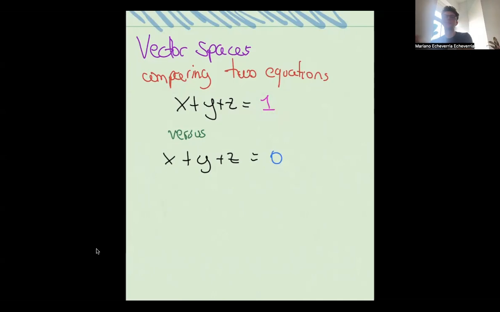So there are many ways in which these equations are not too different. I mean, even the coefficients in front of each variable are the same, but there's another sense in which they are very, very different equations. I'll try to explain why they're different in a way that now we care about. Does anyone remember how this equation looks, as we talked about at some time before in the course?